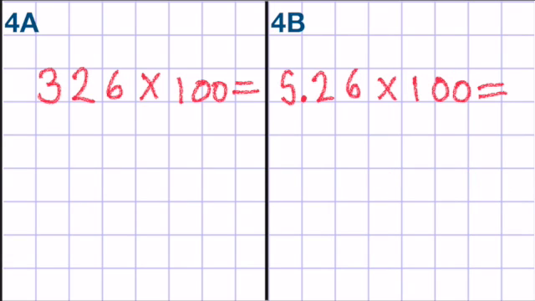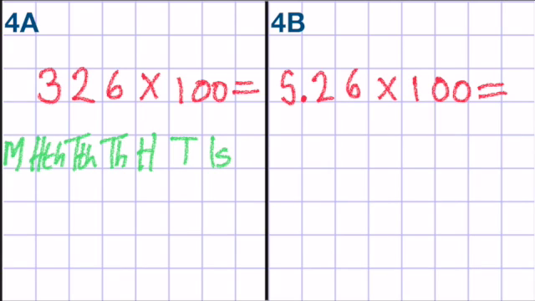Next, you have to multiply these 2 numbers by 100. Press pause while you do that. Okay, so let's do our columns. Hundreds. Let's start here. Ones, tens, hundreds, thousands, 10,000s, 100,000s and millions.